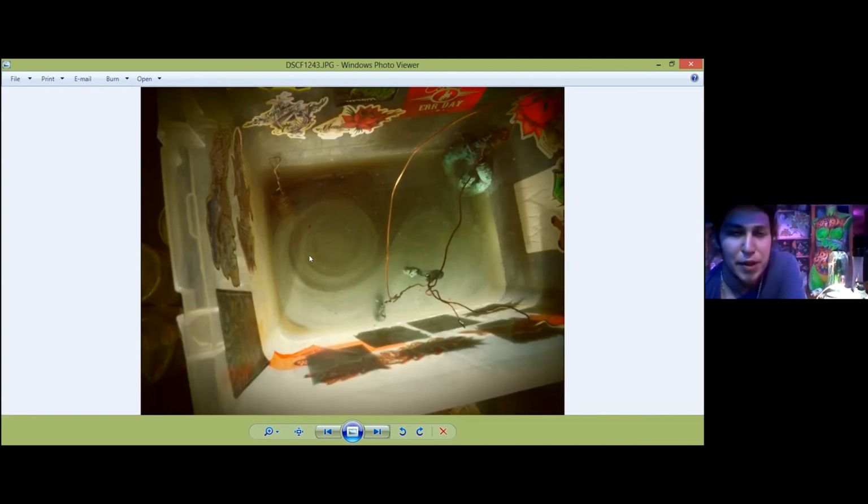It always implodes into a central point. It forms several layers, like electromagnetic layers within the water, as it self-organizes and as it implodes into the center, and it will move on its own for days.